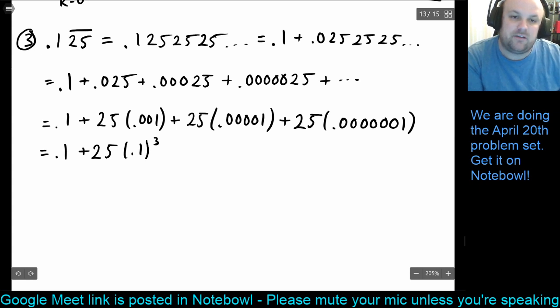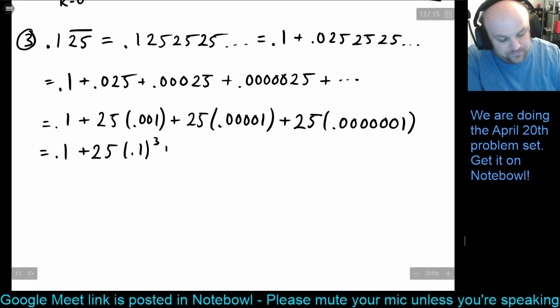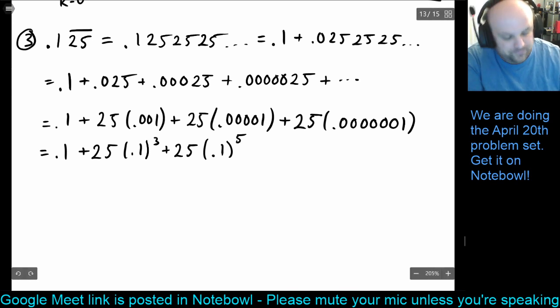You just count however many decimals you have and it's 0.1 to that power. Next one is 25 times 0.1. This has 5 decimal places, so that's to the 5th power. And this is 25 times 0.1 to the 7, since it has 7 decimal places.